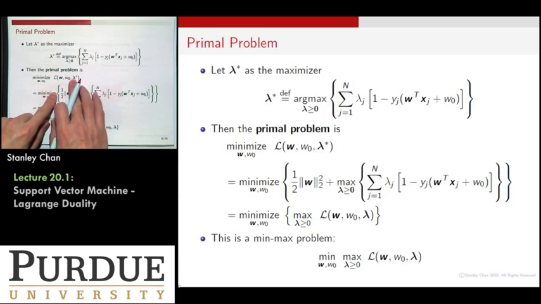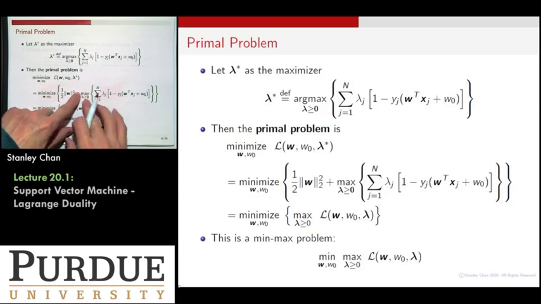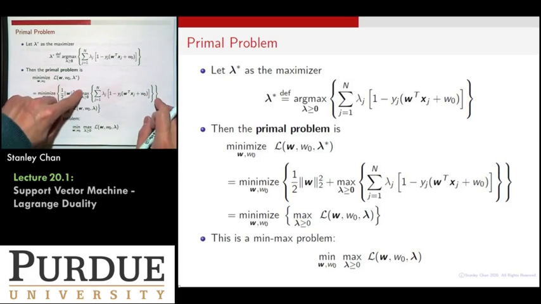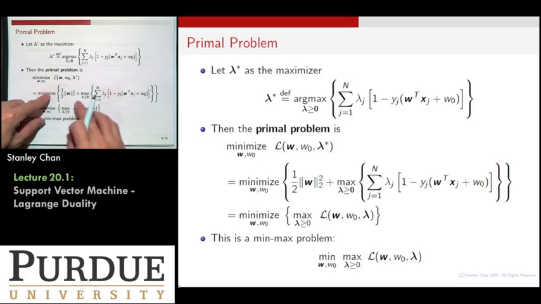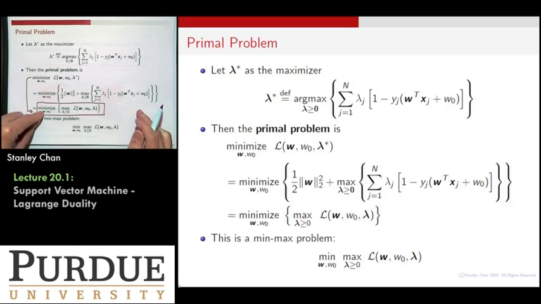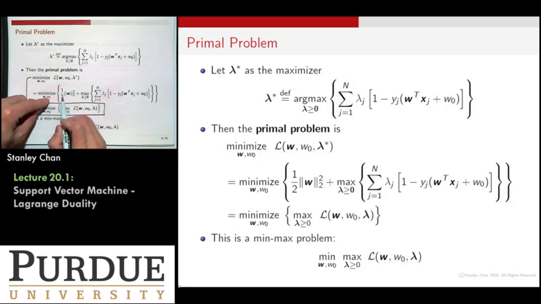Now I'm replacing it by the lambda star that maximizes this quantity, and therefore this quantity has to be maximized. Once you maximize it, the problem becomes this. This is the same as here. So in this equation, I'm saying I want to maximize the overall Lagrangian, because this W has nothing to do with your lambda, so you can move the maximum out of that, right?